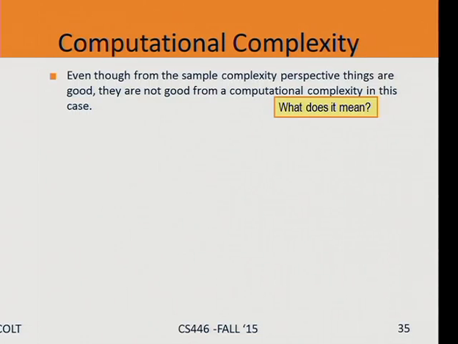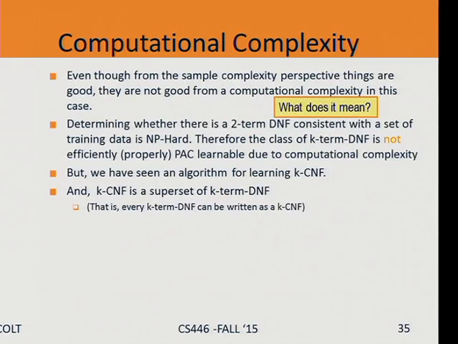The same exercise that you did for conjunctions, and that we did for KCNF. This problem is NP-hard. It seems simple because the space is small, but it's NP-hard. So determining whether there's a two-term DNF consistent with a set of training data is NP-hard. And therefore, I cannot use k-term DNF as my H.